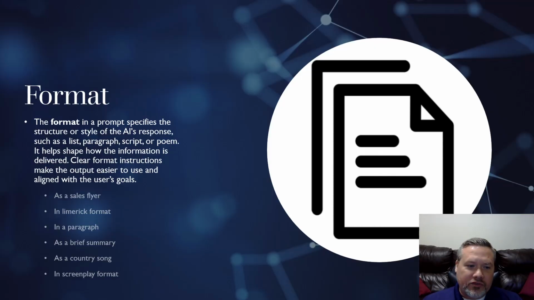But if you specify some things, like make this look like a sales flyer, make it look like a comic strip, give it to me as a limerick, give it to me as a haiku, briefly describe this in a paragraph, give me 2 or 3 sentences about that, give me a brief summary, create a country song with these lyrics, write a screenplay for me. This is how you want the AI to accomplish the task and format it.